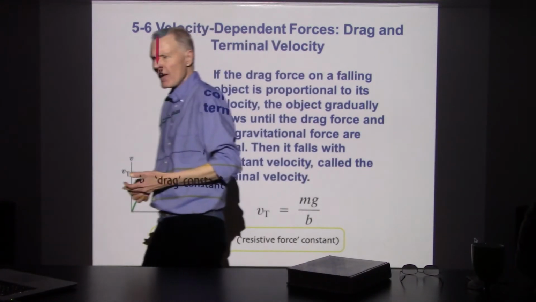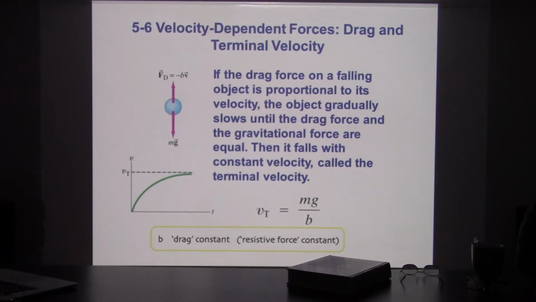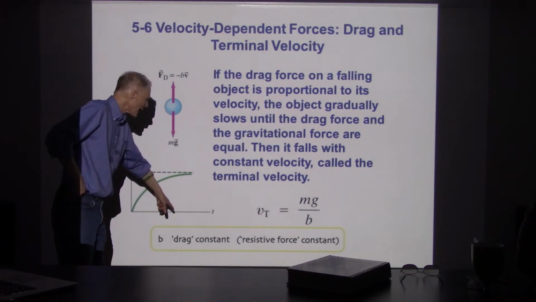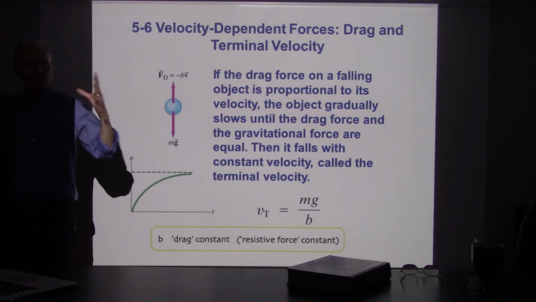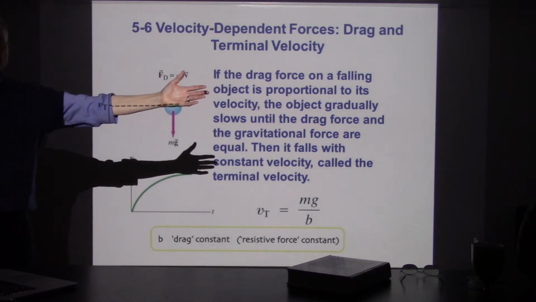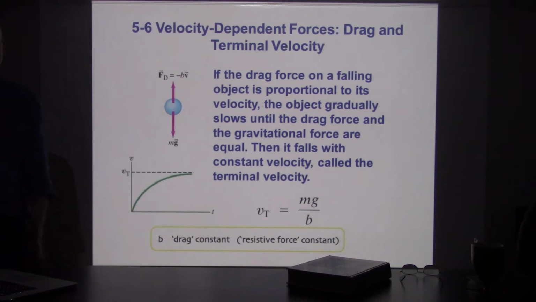Now, mg is easy enough to think about. It depends on how much mass the object has. It's going to depend on the gravitational field. But b is a little more complicated. B is a resistive force constant, or it can be called a drag constant. And it depends on the cross-section of the object. If the object is spread out like a parachute, b is going to be a lot bigger number.